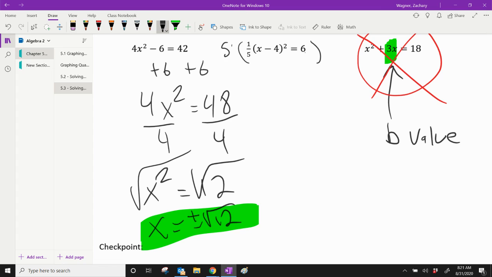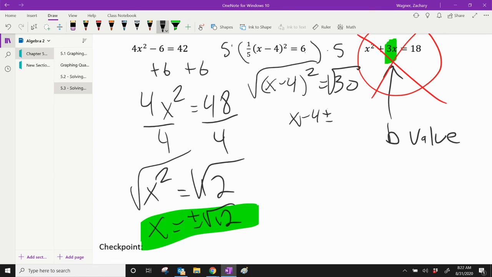This one, multiply both sides by 5. Left with (x minus 4) quantity squared equals 6 times 5, which is 30. Square root both sides. x minus 4 is equal to the positive and negative version of root 30.